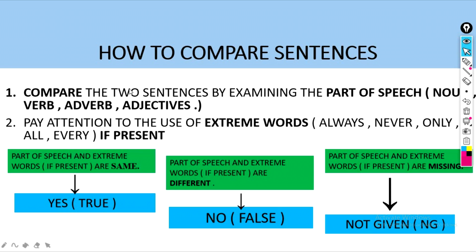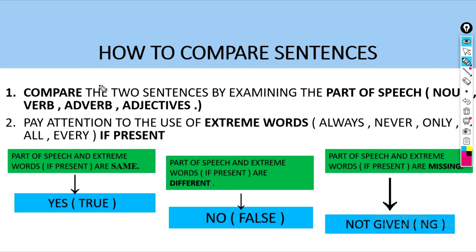You have to do it by examining what we call parts of speech. I am not talking about all parts of speech, but the main parts of speech. In this case, what I mean is the noun, verb, adverb or adjective.